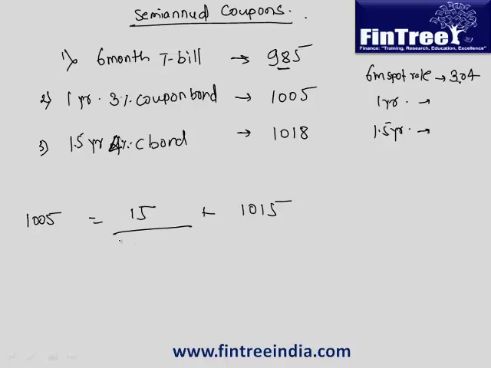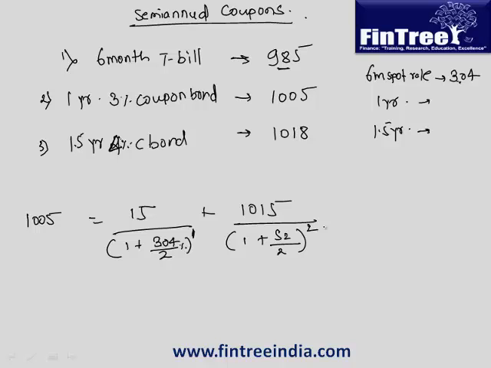The first coupon we will discount using the 6 month spot rate, which would be 1 plus 3.04 divided by 2%, raised to 1. That is 1.52, the one that we found out. The second one, 1 plus spot rate of second period divided by 2 raised to 2.